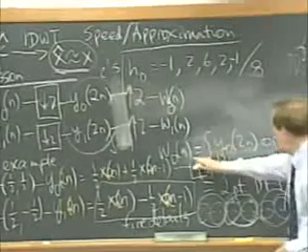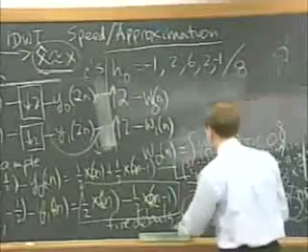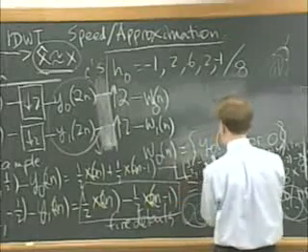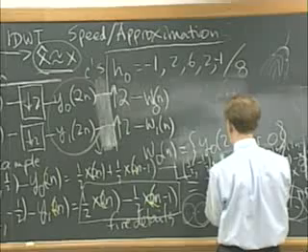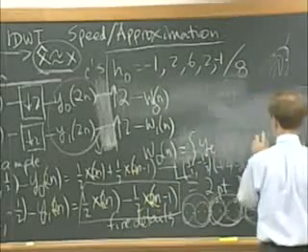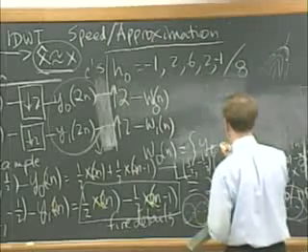If N is even, oh no, I've got to say this correctly. It's either Y naught or 0. Can I say it just that way? You see what I'm doing.